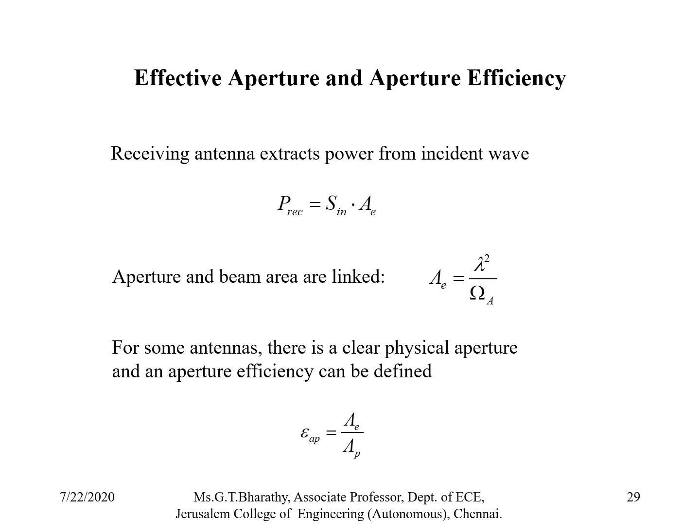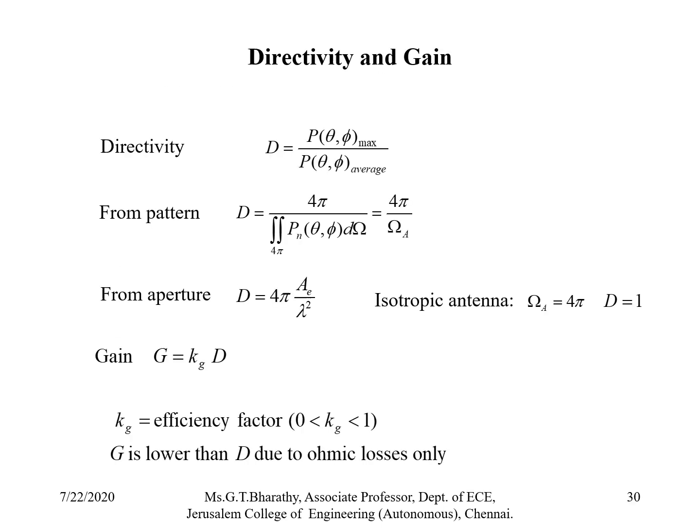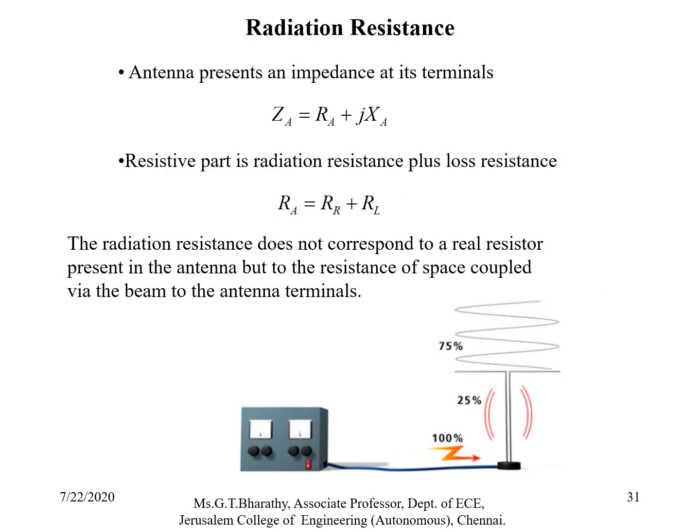Then the formula of effective aperture and aperture efficiency. Then finally we saw the definition of radiation resistance. We saw a video of radiation pattern where you had a better idea on how the E plane and H plane radiation patterns will be available.